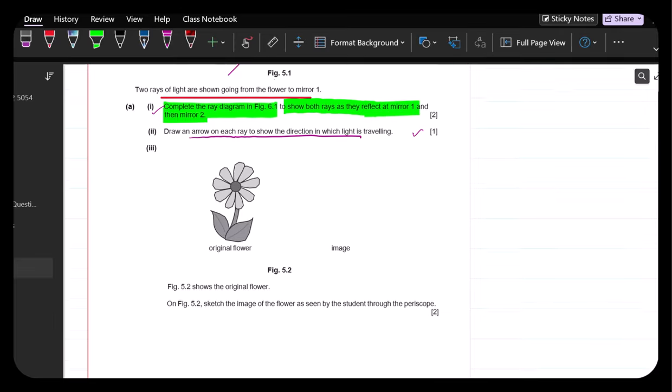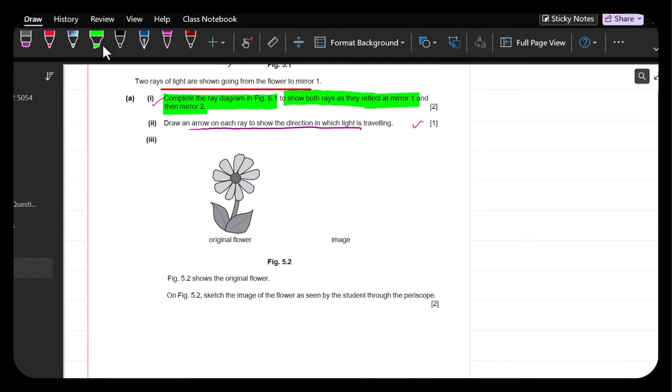Now part 3: figure 5.2 shows the original flower. You can see on figure 5.2, sketch the image of the flower as seen by the student through the periscope. You know we are using mirrors. So in a mirror, what is going to happen? The image is the same size.